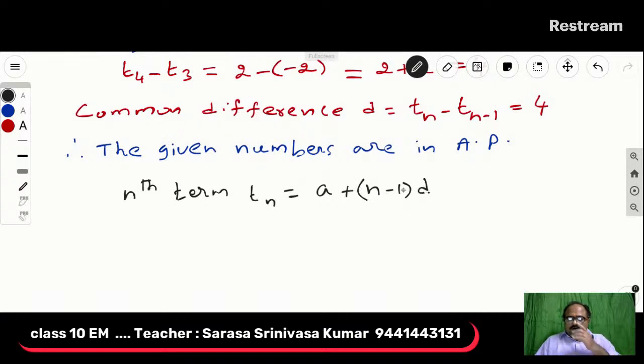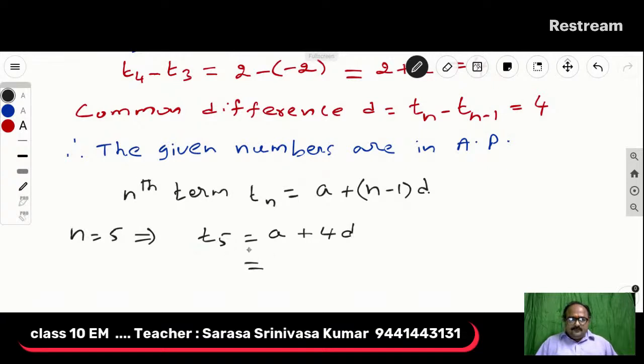Now we find T5, T6, T7. N equal to 5. This implies T5 equal to a plus 4d.